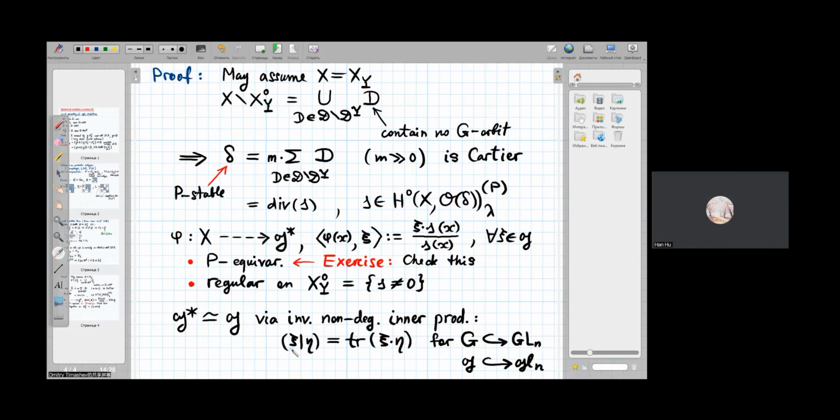This gives you a symmetric bilinear form on g, which is the inner product I want to define. This product is invariant with respect to the adjoint action of G. When you act on both psi and eta by the adjoint action of G, the product will not change. So this is why we did not use a transpose in the inner product.